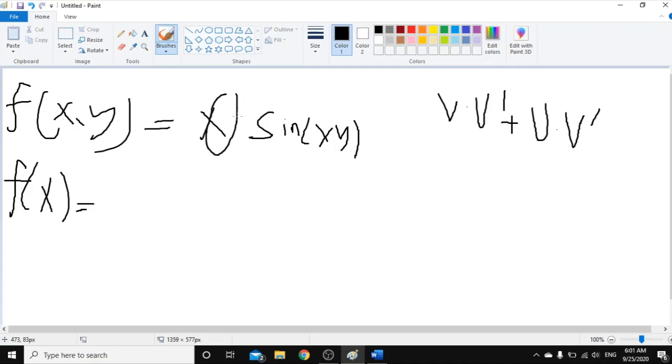So the x here, let's start with the x, or you can use the opposite, it's not different.